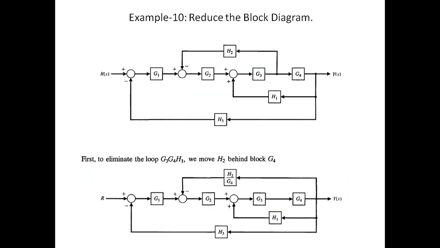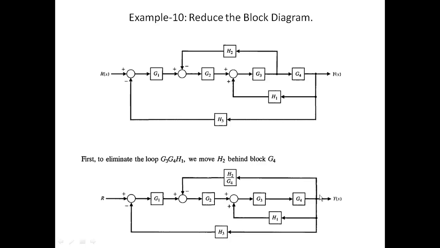Next diagram. Here we need to shift this takeoff point to the right hand side of G4. Initially there is no effect of G4, but after shifting to the right hand side the effect of G4 gets introduced. To nullify that, we need to divide H2 by G4, and we get a diagram like this. There are three simple feedback loops we can easily recognize.